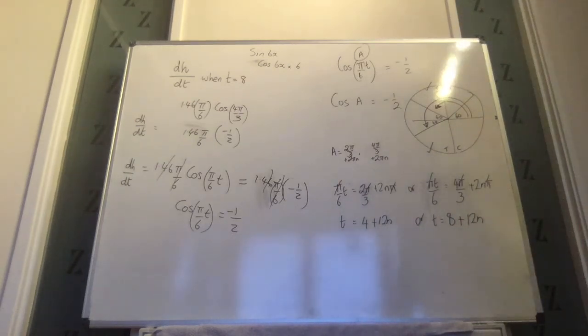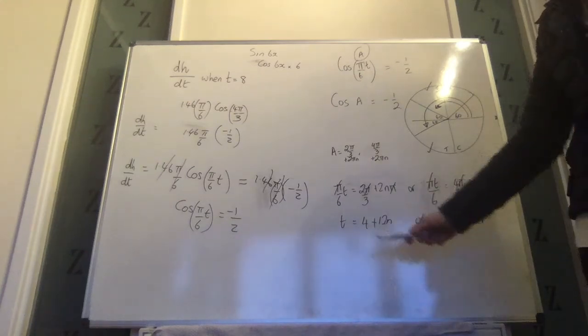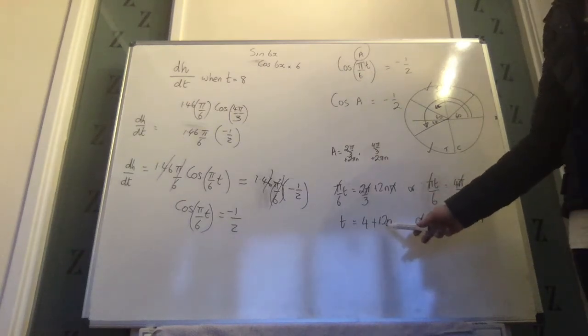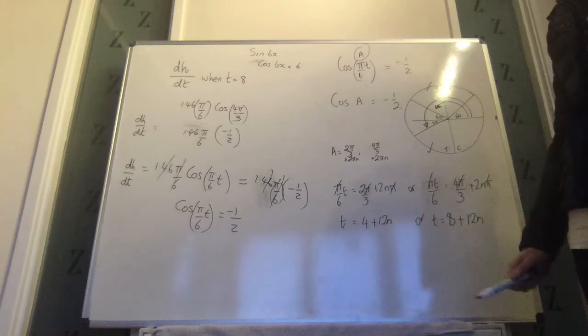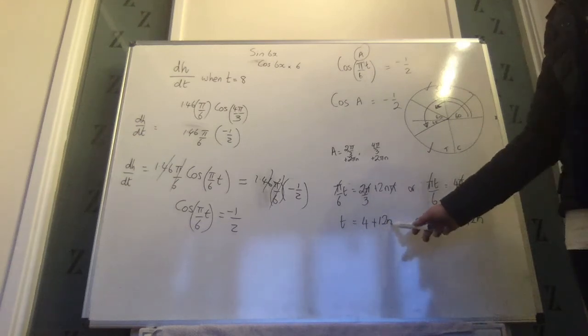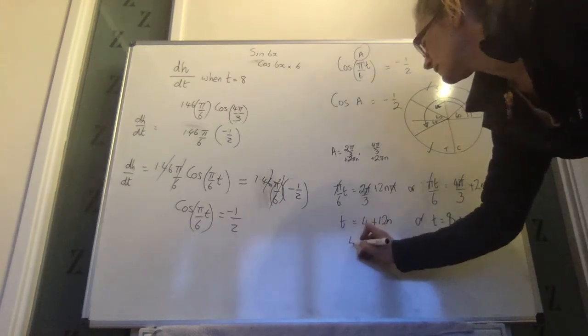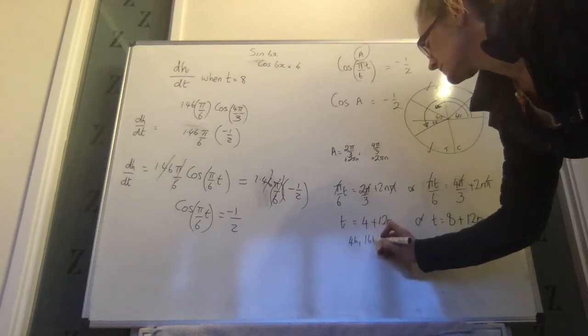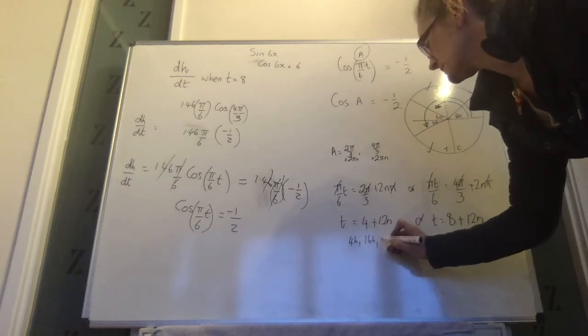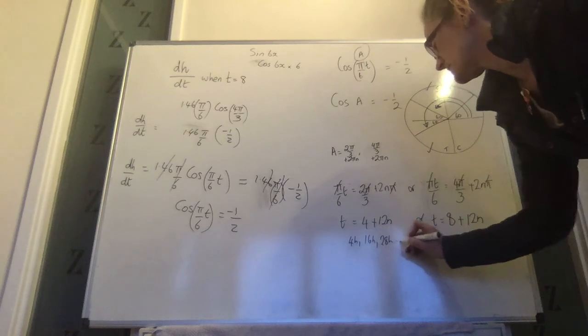In other words, t can be 4 when n is 0. t can be 16 when n is 1. So 4 hours, 16 hours. When n is 2, that's 28 hours, and so on.